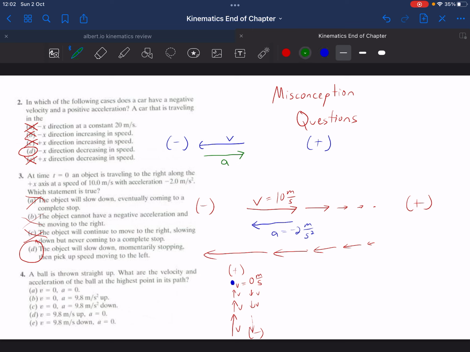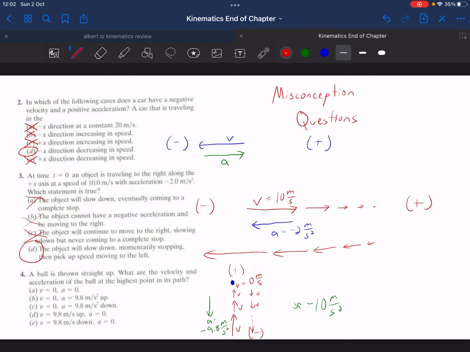The acceleration, well, if it is in free fall, we said that it always has an acceleration equal to negative 9.8 meters per second squared. Now, you'll see me estimate that a lot with negative 10, but this problem is asking it more precisely.